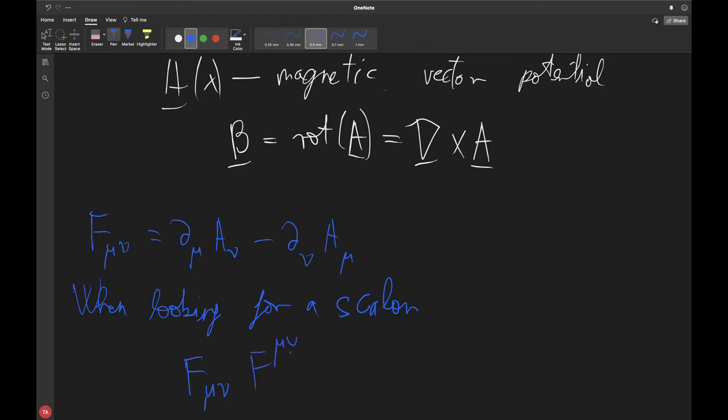Now finally we have repeated indexes, and so that will lead to a scalar. And that scalar is essentially, if you do the calculation, going to be 2 times B squared minus E squared. B was originally a vector, but when you square it, it's not a vector anymore. So it's the square of the magnetic field minus the square of the electric field.